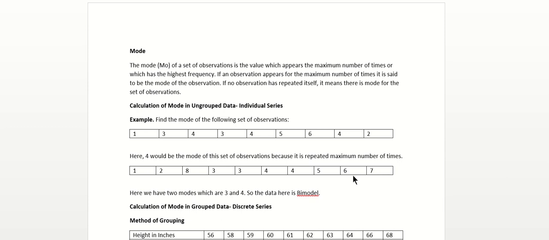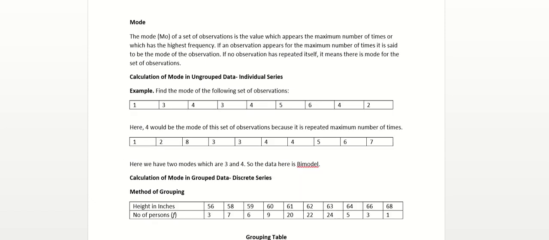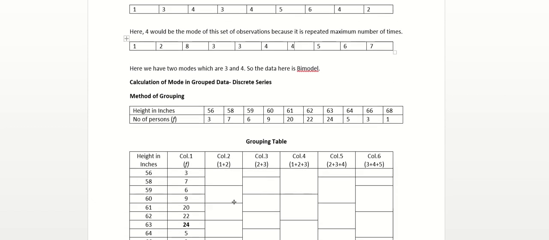So we have to change the method. Let us understand how we calculate mode in discrete series. This was individual series, which we also call ungrouped data, right? But when we calculate mode in discrete series or continuous series, we call it grouped data because we have grouped the whole data.